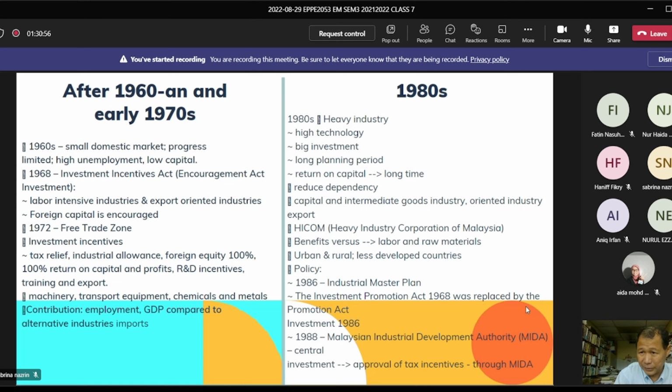No, not yet. You must remember, 71 was the beginning of Dasar Ekonomi Baru. Dasar Ekonomi Baru, number one, to eliminate poverty irrespective of race.